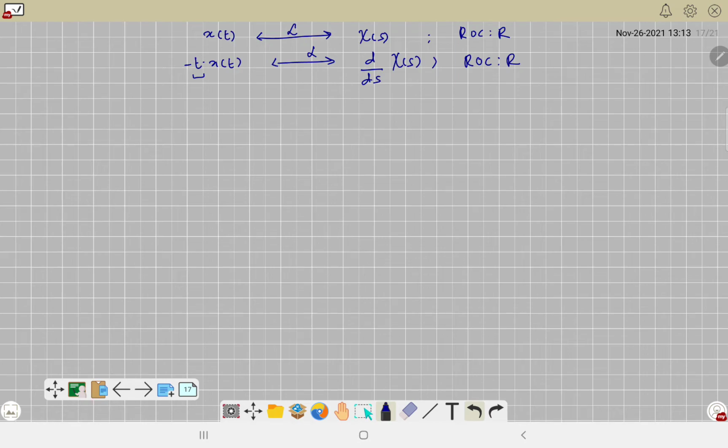Okay. Similarly, there is integration. Again, we don't need to prove it.